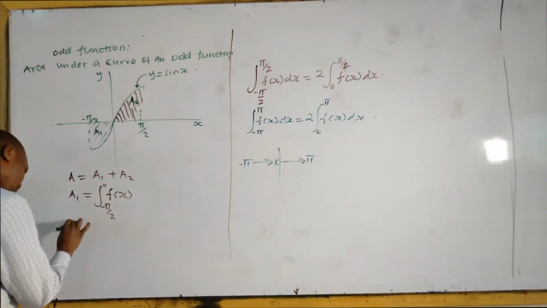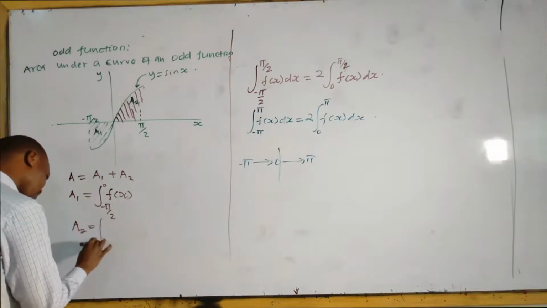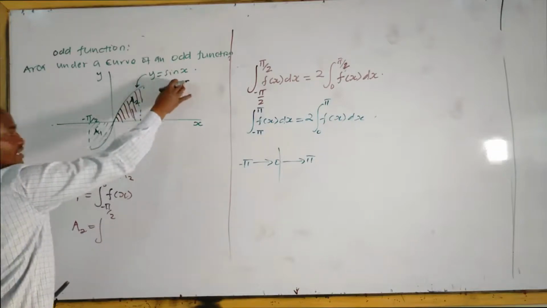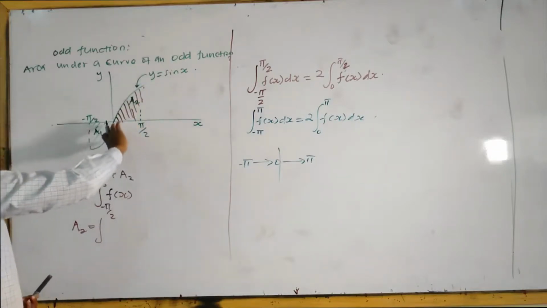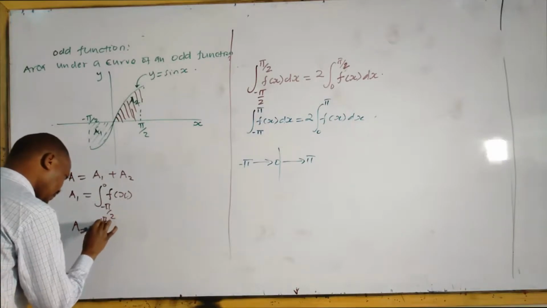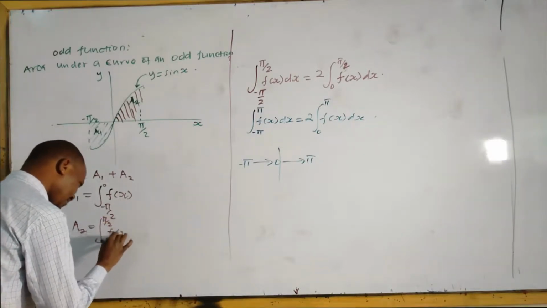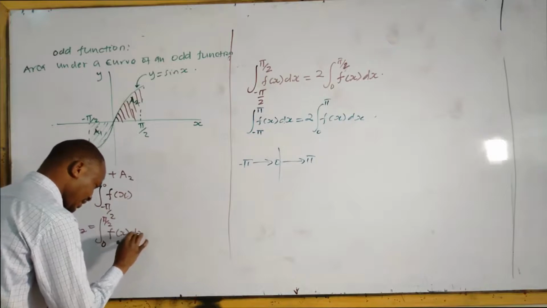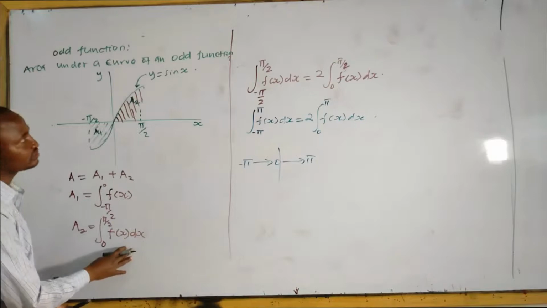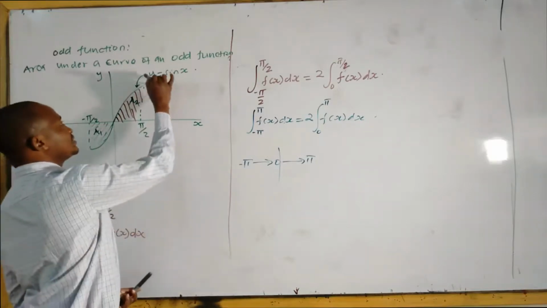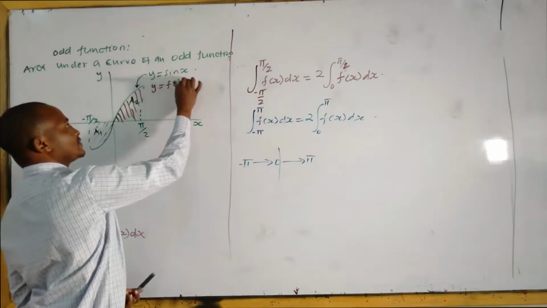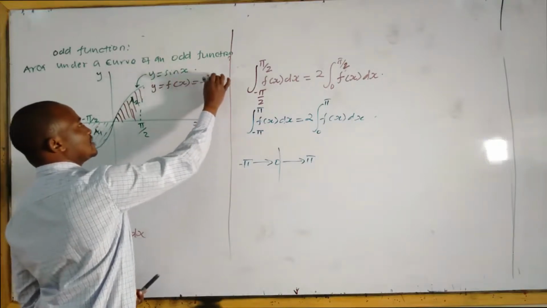Area 2 is equal to the integral of the same function from 0 to pi over 2. Of course, in our case here, y is a function of x equal to sin x.